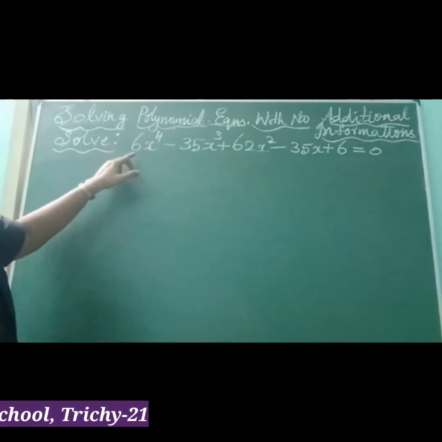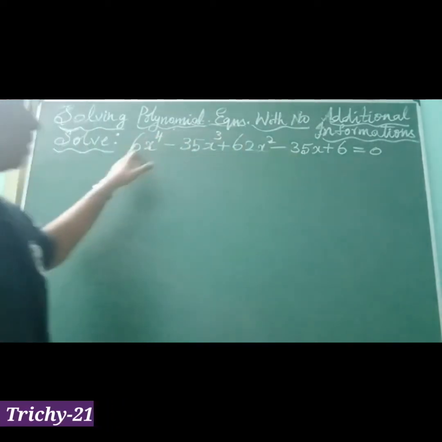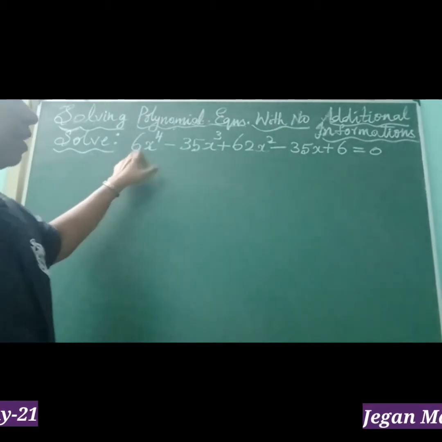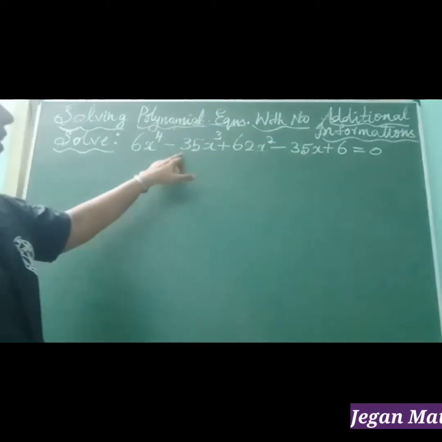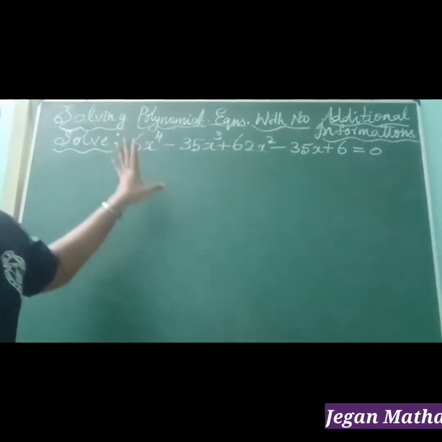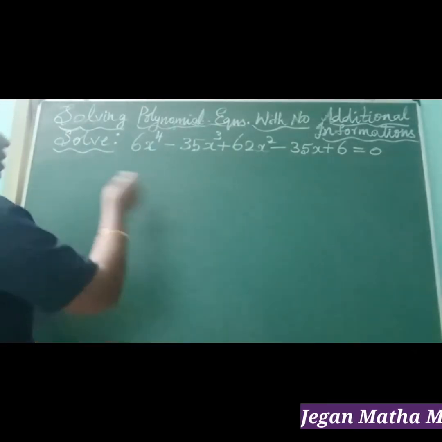When you consider this polynomial, some terms have the same coefficients: the first one and the last one, then minus 35x cube and minus 35x. For this type of question, the first step is to combine the like terms together.